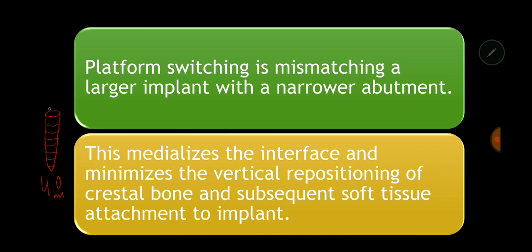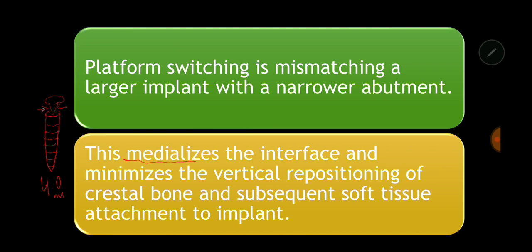So for example, your abutment is this narrow, okay, so you can see that there's space here. That's what it means. It has medialized the interface, this space that I pointed at, that's the interface between the abutment and implant.